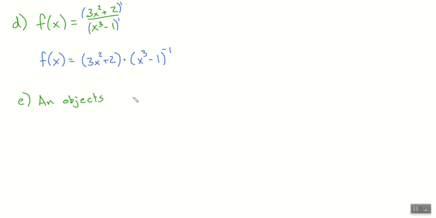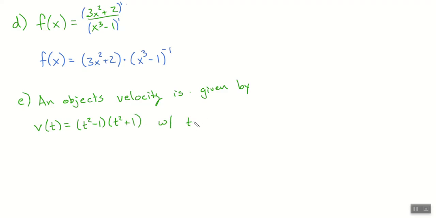An object's velocity is given by, let's say we have v of t equals, I don't know, we'll say it's nice, t squared minus 1 over t squared plus 1, with t in seconds, and distance, and I know we don't have any distance written here, we'll say distance in meters.